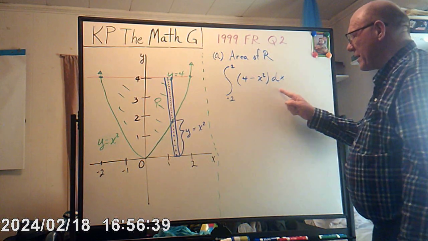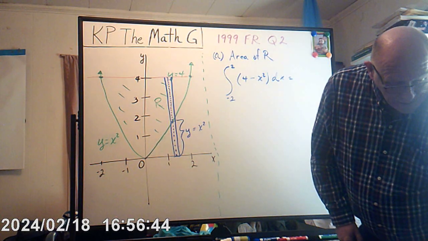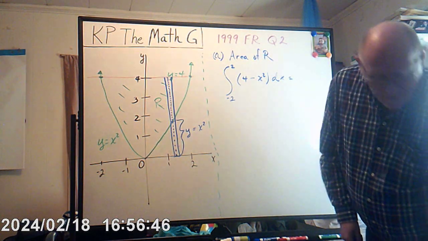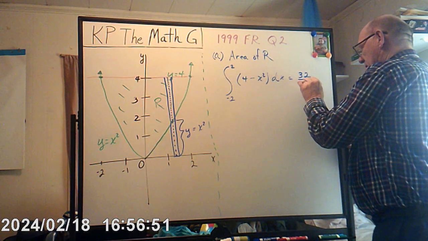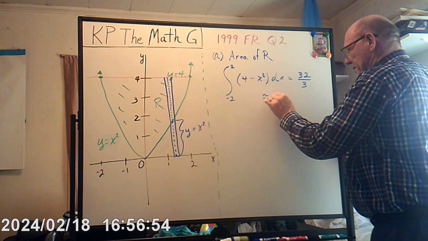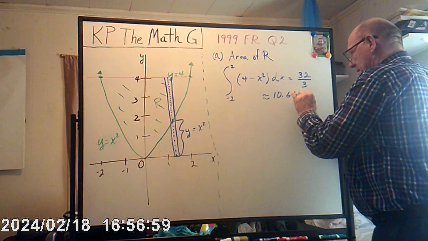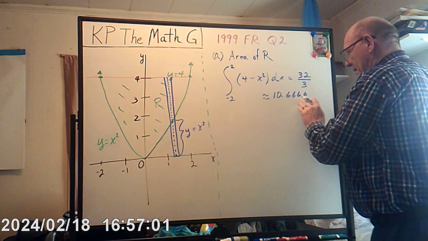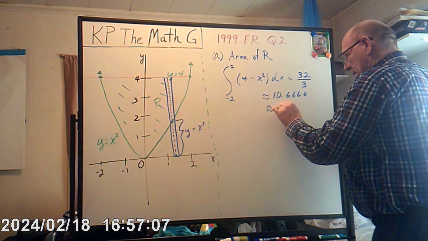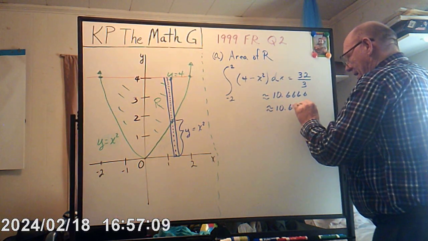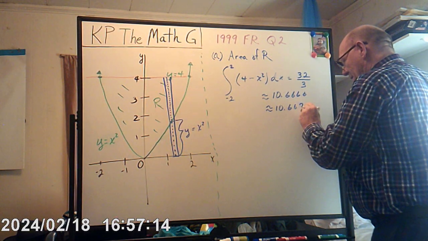I'm not going to do the integrating, but the answer to that is 32 over 3, which is about 10.6666 and so on, so really about 10.667. You have to go out to 3 decimal places in AP calculus: tenths, hundredths, thousandths.